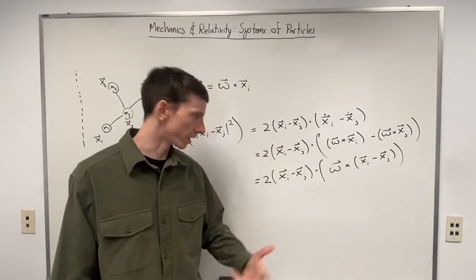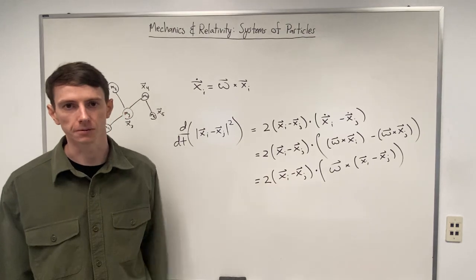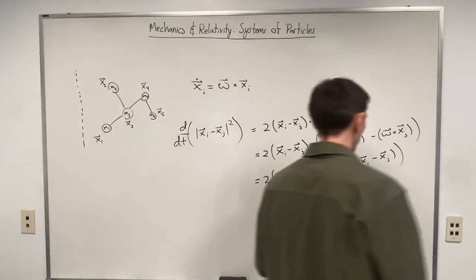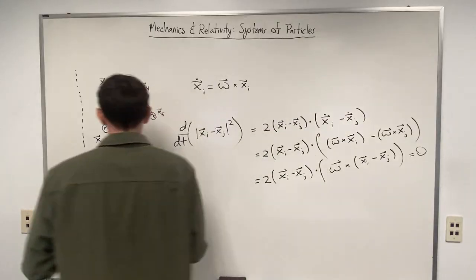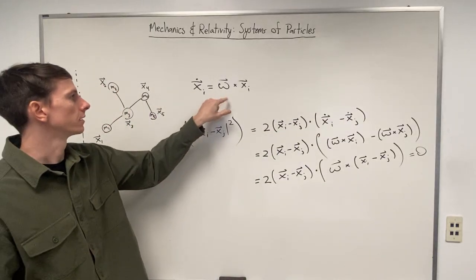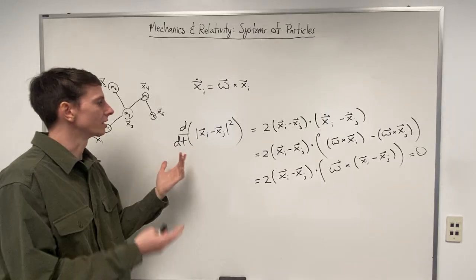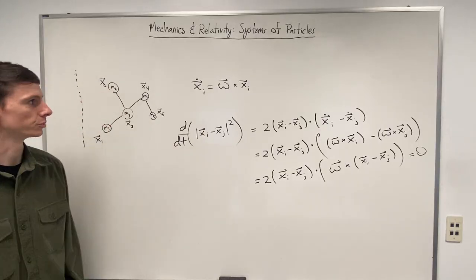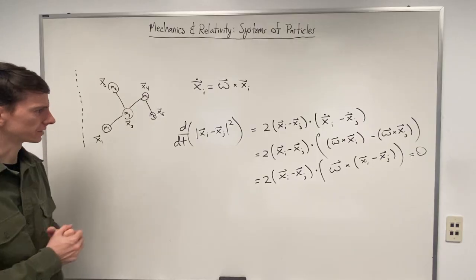And if you dot whatever the resulting vector is with xi minus xj, you're going to get 0, right? So this whole quantity just goes to 0. And that's nice, right? Because how we define our angular velocity in relation to the linear velocity should still allow for rigid bodies to exist, right? So hopefully that makes sense.